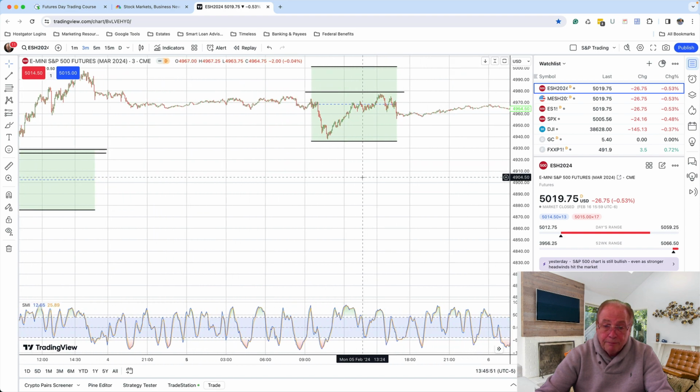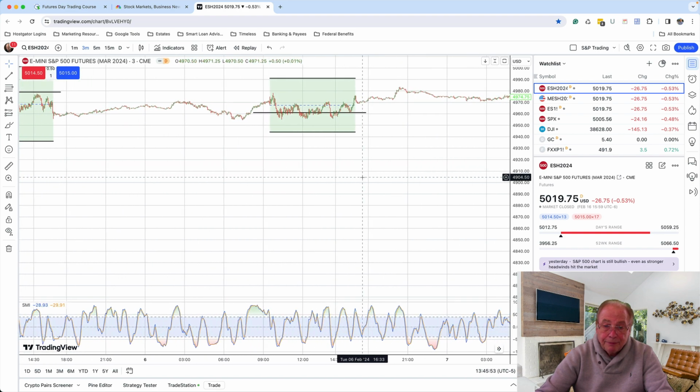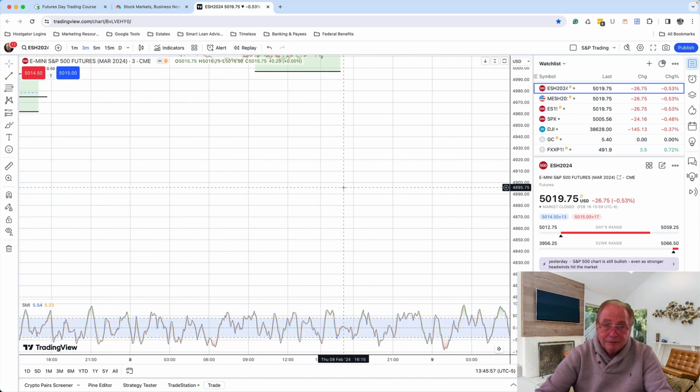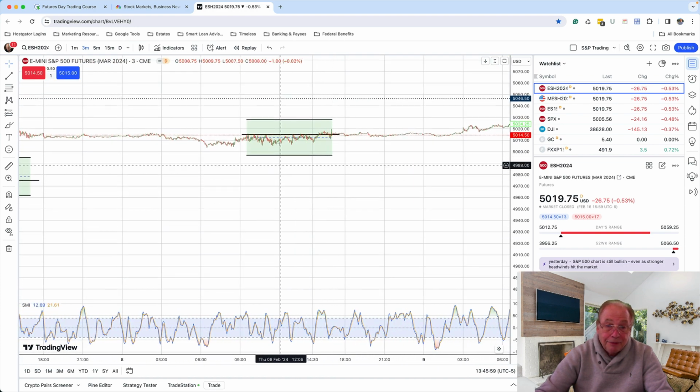Going forward to the Monday the 5th, and then Tuesday the 6th, and then Wednesday the 7th, Thursday the 8th, prices traded almost exclusively near the previous day's close, the equilibrium line.